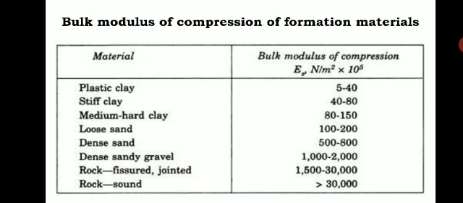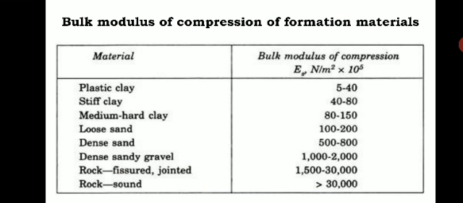If it is a stiff clay, it will range from 40 to 80. If it is medium to hard clay, then it is 80 to 150. If it is loose sand, you can observe one change happening here, that is as the particle size increases, the value of Es also goes on increasing.